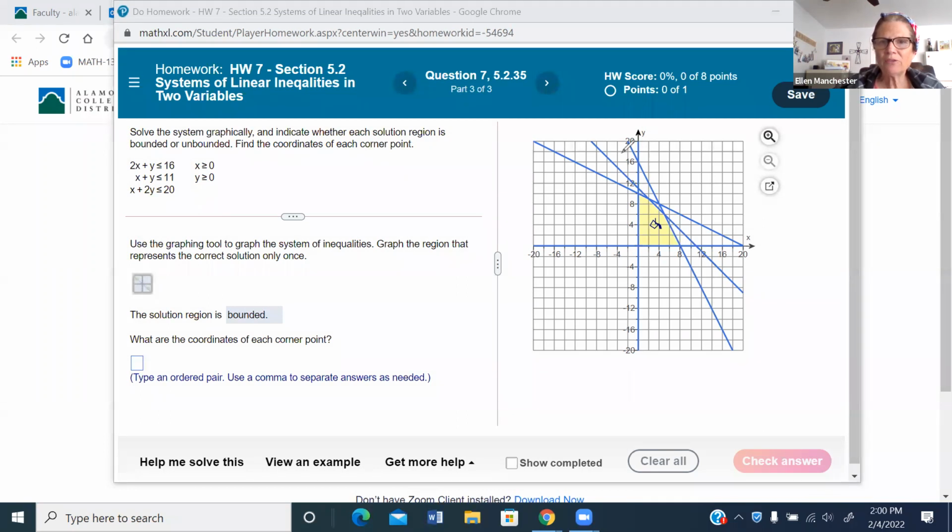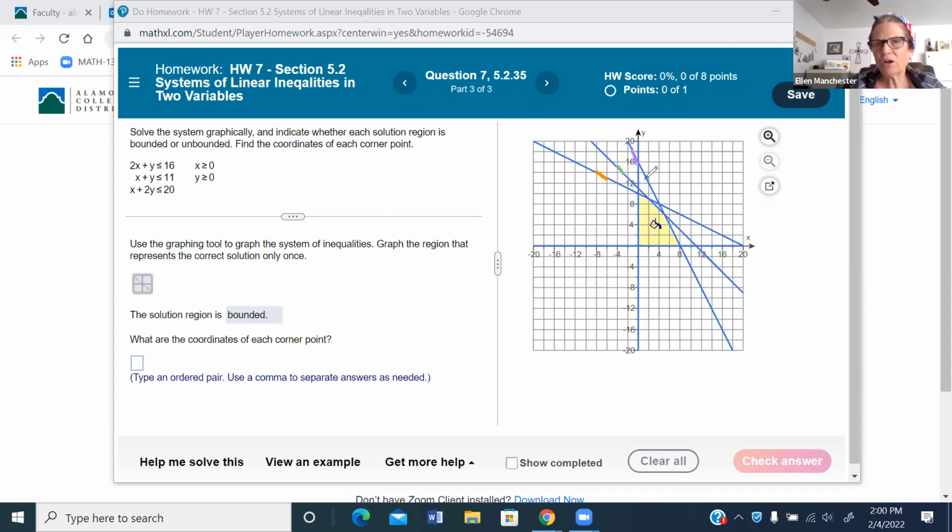Remember our colors: the orange one was here. The green one was the middle, and that was this one. And the purple one was this one. So this is what we have to look for.